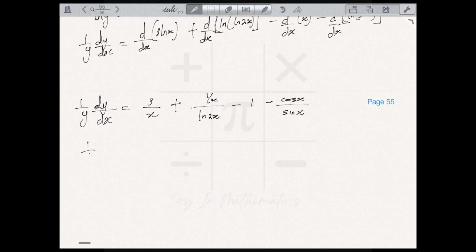Therefore, 1 over y dy dx is equal to 3 over x plus 1 over x ln 2x minus 1 minus cos x.